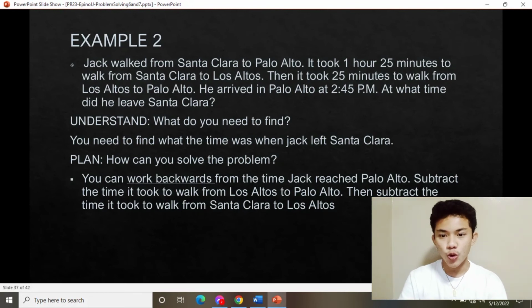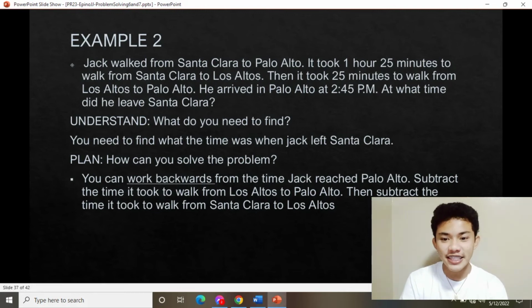Example number 2. Jack walked from Santa Clara to Palo Alto. It took 1 hour and 25 minutes to walk from Santa Clara to Los Altos. Then it took 25 minutes to walk from Los Altos to Palo Alto. He arrived in Palo Alto at 2:45 p.m. At what time did he leave Santa Clara? Strategy.